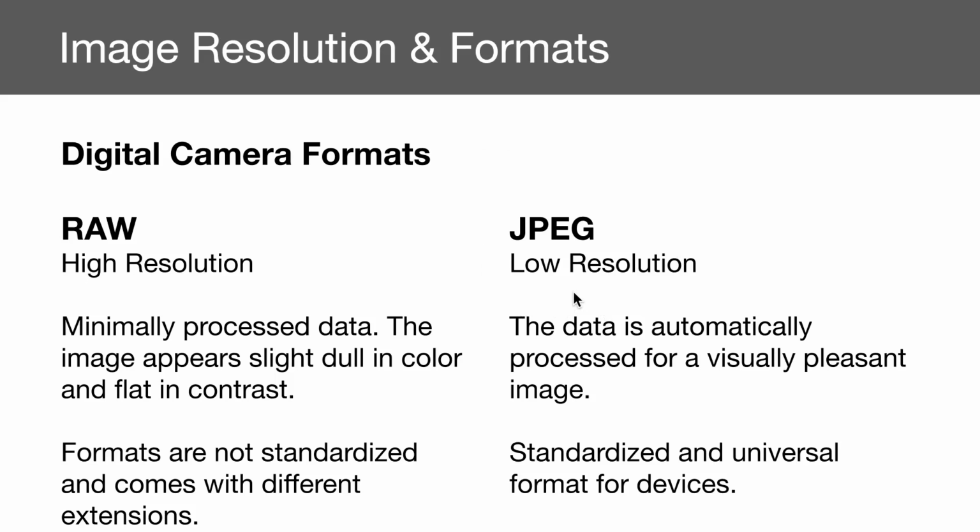So that's kind of like the middle ground between a RAW file and a small JPEG file. You can have a high resolution JPEG, and you can have 240 pixels per inch for a JPEG. But just keep in mind that all JPEGs are processed for more visually pleasant viewing of an image.